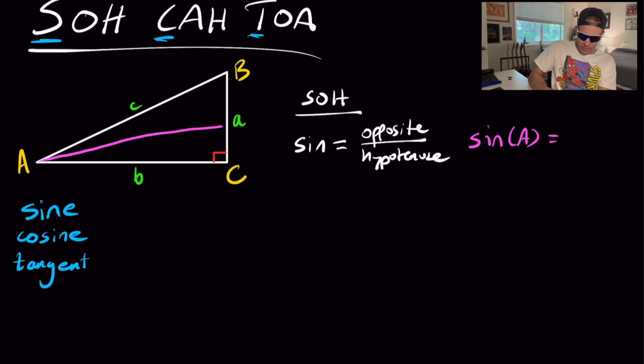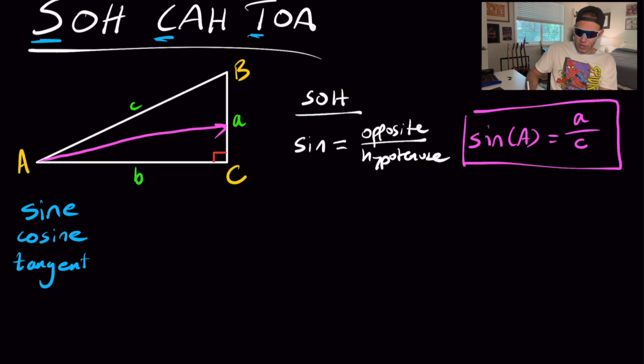I'm just going to look directly across, and it happens to be side a. And then what is the hypotenuse of this triangle? Well, it's always going to be side c. It's the longest side, directly across from that right angle. So sine of A is going to be equal to a divided by c. Whatever numbers we have for a and c, we would divide those, and that would give us the value of the sine of A.